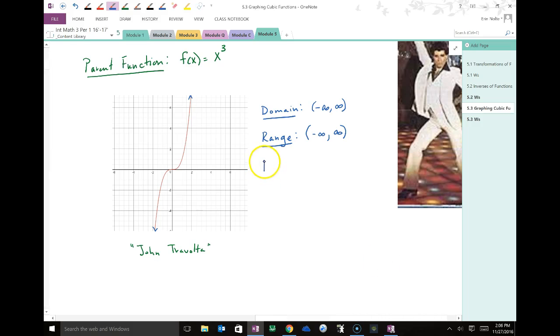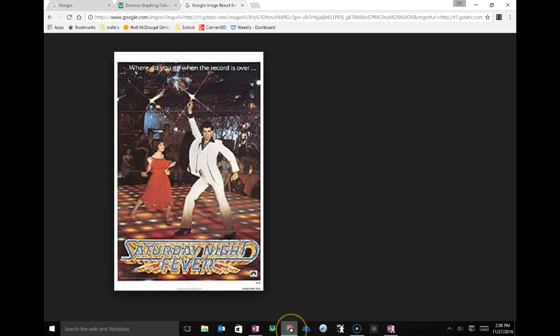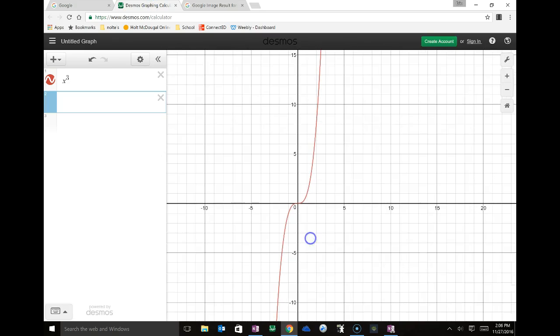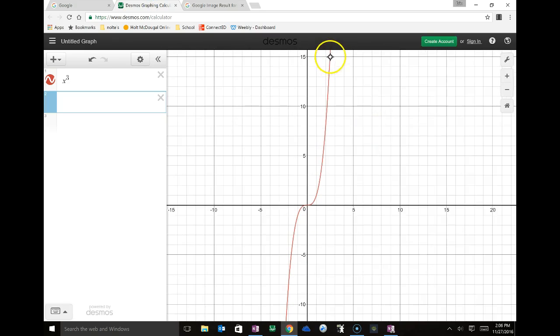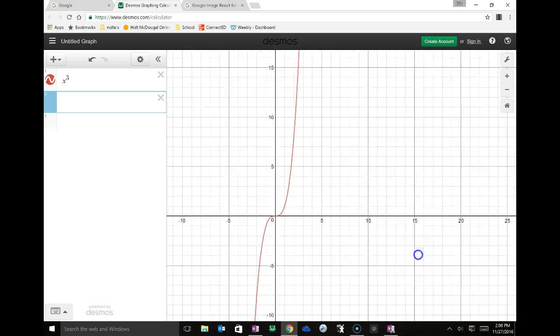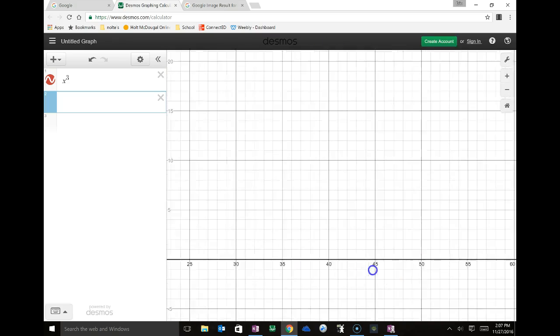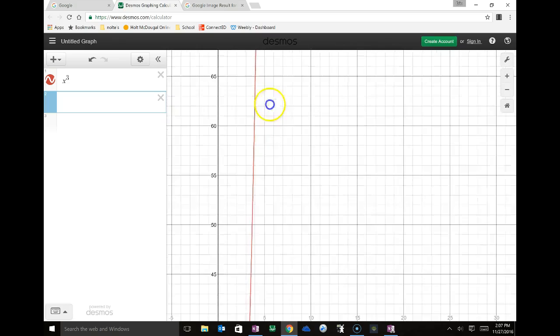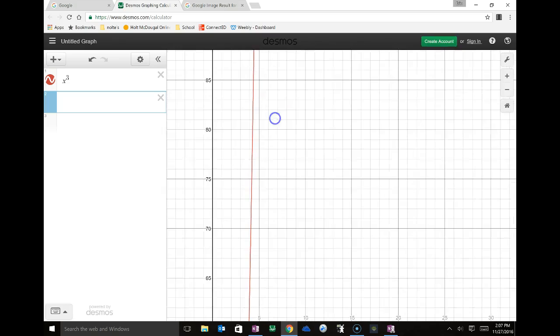If we talk about the end behavior, where are these two ends going? If you look at this right end, let me go back to Desmos. As x approaches infinity, we're looking way over here. It's hard to imagine, but as x gets bigger and bigger, what is the y value approaching?